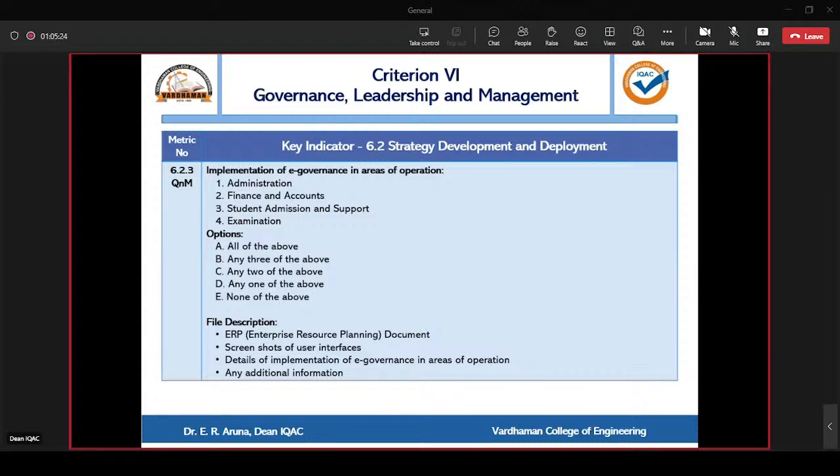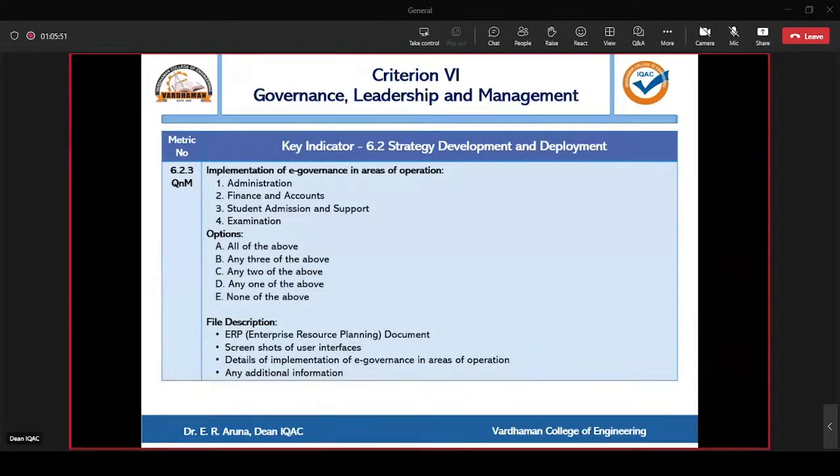And coming to administration, as far as Vardhaman is concerned, we have the Microsoft Campus License Agreement and SMS to disseminate information to all the stakeholders, including students, and security with respect to biometric for students as well as faculty, and student fee reimbursement, some software for scholarship. Like this we are using, and for finance we are using Tally.